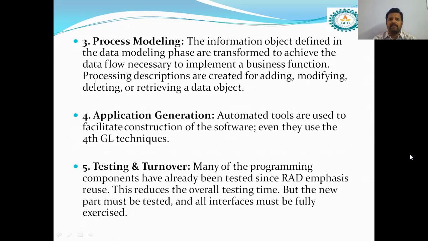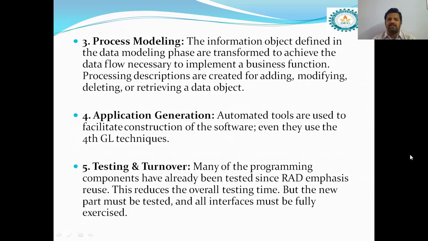Here the processing descriptions are created for adding the entities of the data, modifying the data, deleting the data, or retrieving the data objects. All these things happen in the process modeling phase.